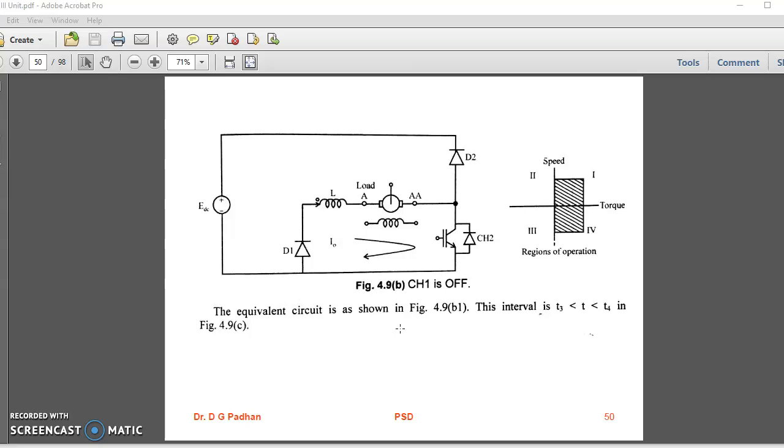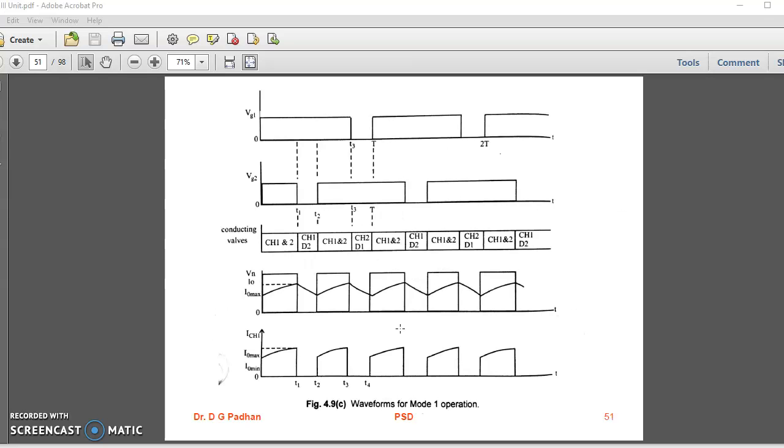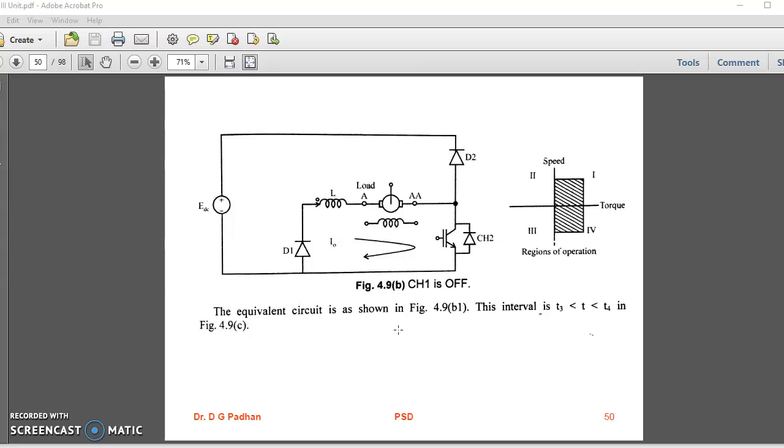For this case, you can write down the voltage expression. During the period T3 to T4, the voltage is 0. That is why 0 equals L di/dt plus Ra plus Eb.